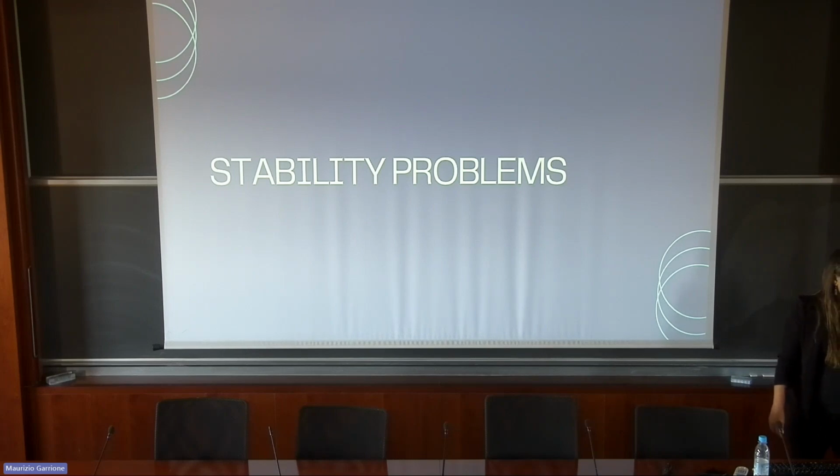But when you deal with linearization, it's much more complicated, because when you deal with neutral type equations, when you linearize your problem, a semigroup appears from the linearization. But the problem is that when you investigate the spectrum of this semigroup, in the neutral case you can have infinite eigenvalues.